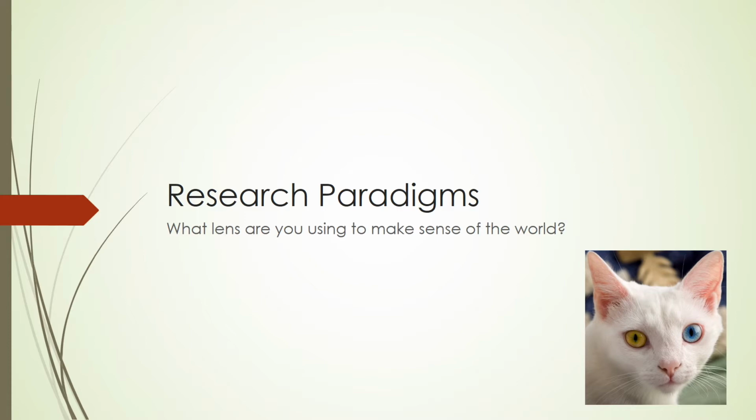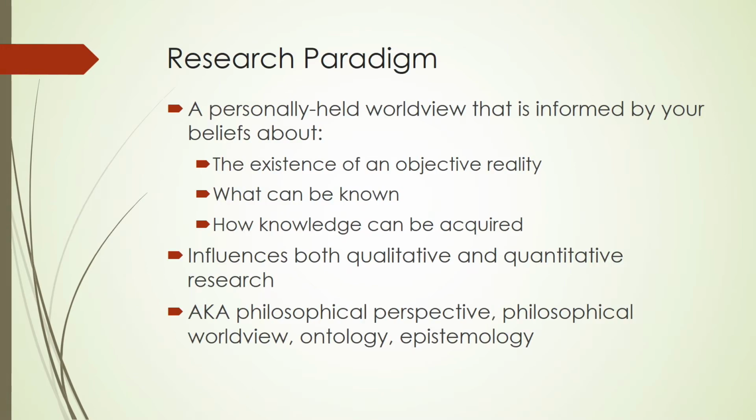And one thing a lot of qualitative researchers focus on is what's called a research paradigm. But as you'll see on the bottom, it's also referred to as a philosophical perspective, philosophical worldview, ontology, epistemology.